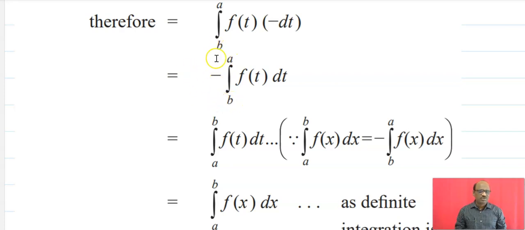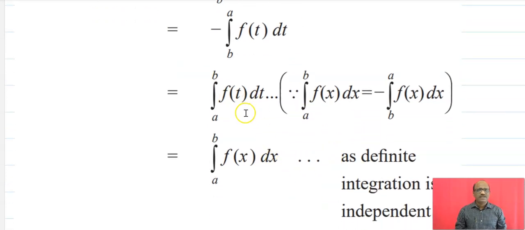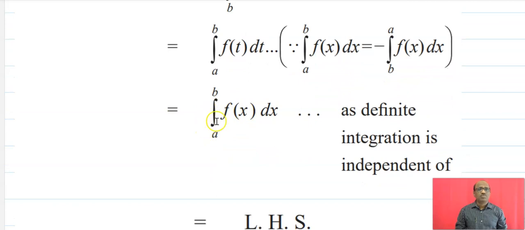That is, the lower limit will be the upper limit and the upper limit goes to the lower limit. Therefore, we have written here integral a to b f of t dt. I have written here the property. And again, I am applying one more property, that is a change in the variable. That is, I am taking the variable as x. t is replaced by x. The value of the integration doesn't change.